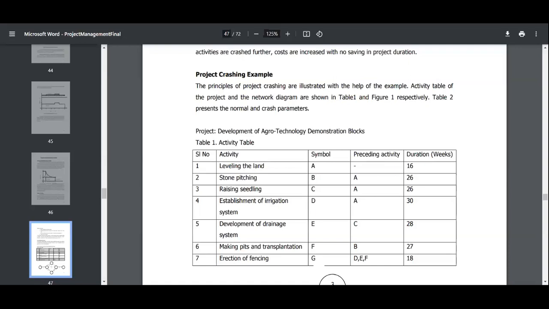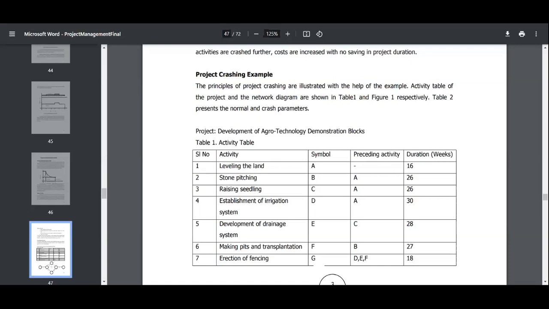And C depends on E; E's work starts after that. Then making the bridge and plantation: F and G are there, right? Then erection of fencing, the G symbol, and D, E, F depend on it. If G's work is not complete, D, E, F cannot start. It will require 18 days, right?